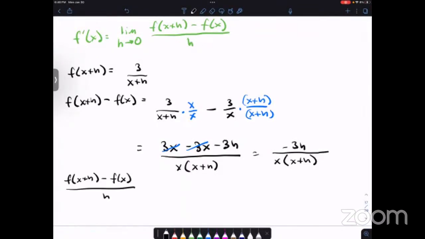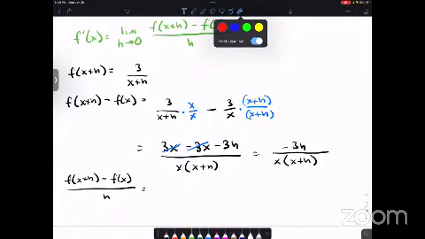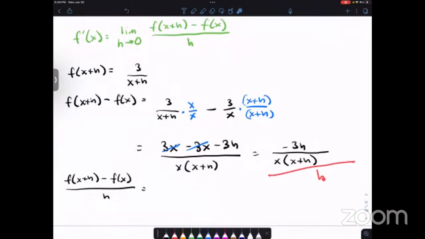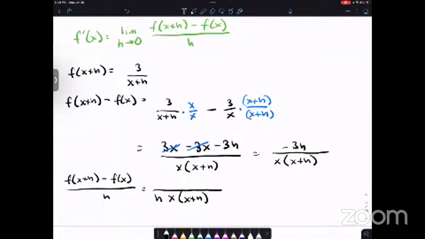So basically, if we divide this fraction by h, that's the same as multiplying by 1 over h. So I'm going to multiply by 1 over h. So then on bottom, we're going to have h times this x times x plus h. And on top, we're going to have this -3h, right?